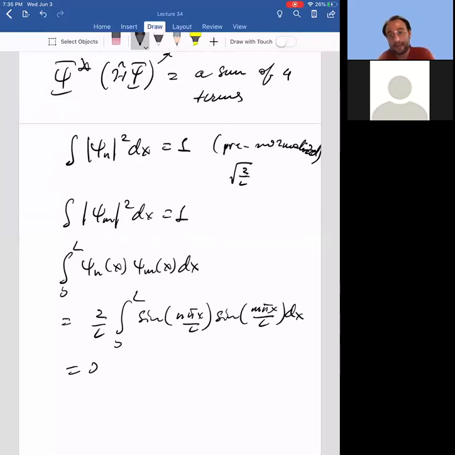And that's not a coincidence. That's true of any mode. So if you have 2 modes of a harmonic oscillator, they're not given by sines, but this kind of integral of a product of 2 different modes will always be 0. Well, technically I should put a star, but the star doesn't do anything because these are real.